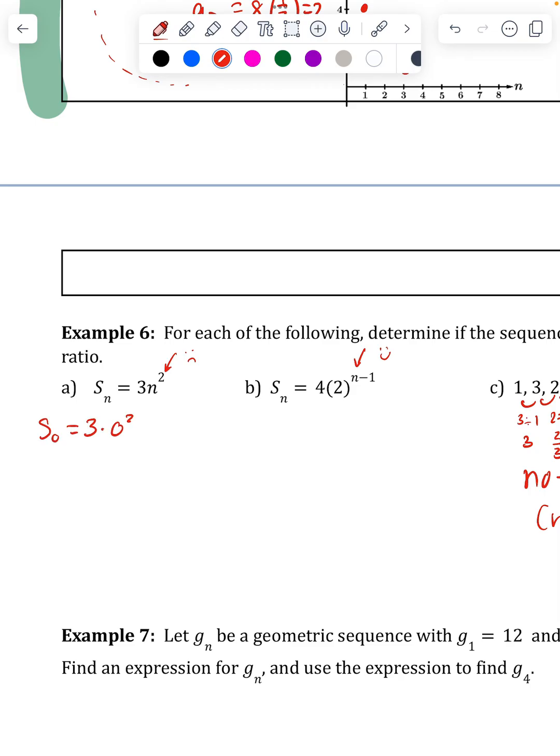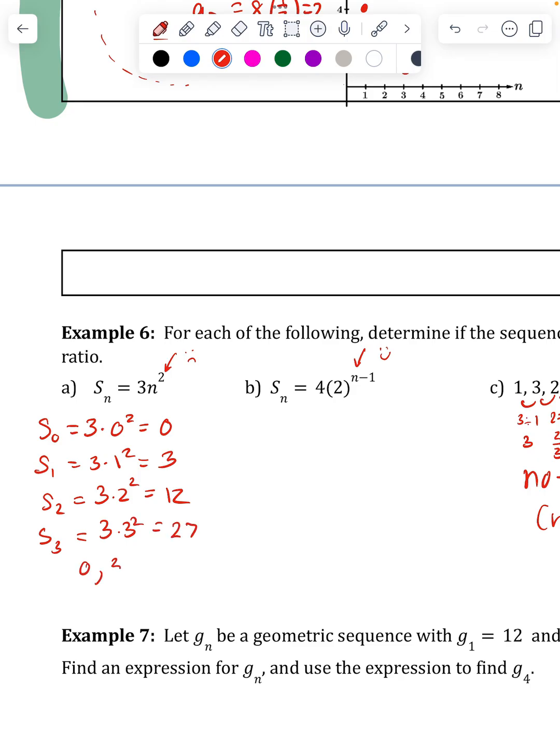So PEMDAS being real, I'm going to square the 0 and multiply it by 3 and get 0. Then I'm going to try a 1. I'm going to try a 2. And lastly, I will try a 3. And keep in mind, this is the work that I would use to generate this.